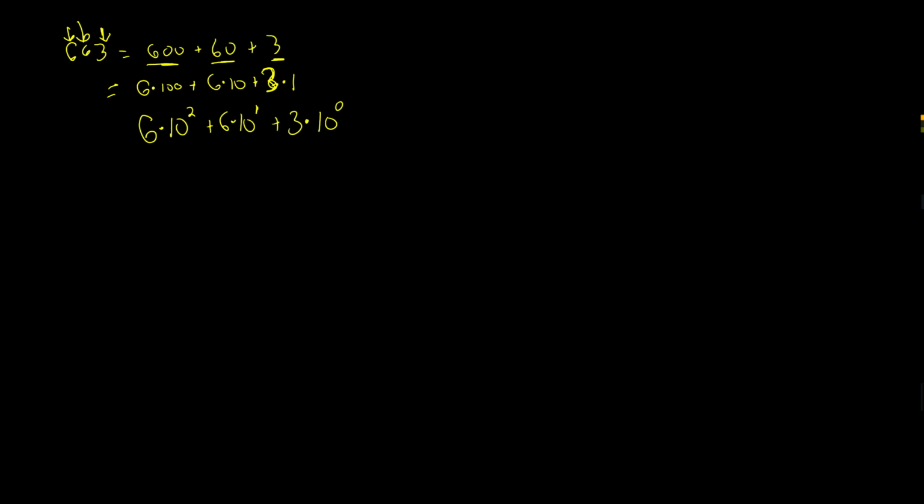And so we can think of each place in our number system as holding the multiples of 10 that we're going to use to add up our number. And so with our decimal place, immediately to the left of it is 10 to the 0, 10 to the first, and 10 to the second.